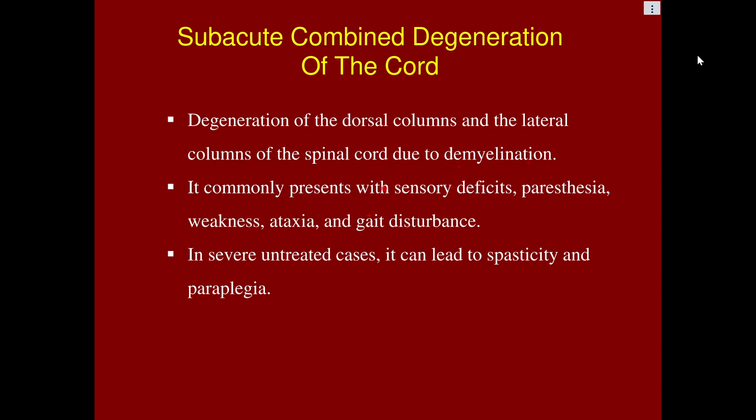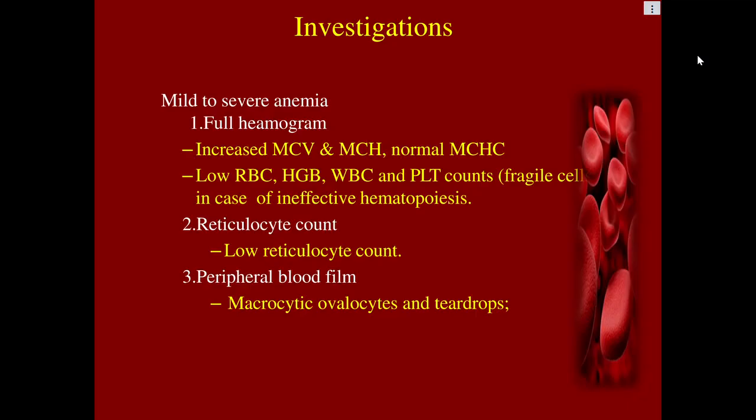Looking at the signs and symptoms of vitamin B12 deficiency, when a patient presents with subacute combined degeneration of the cord, the patient will present with sensory deficit, paresthesia, weakness, ataxia, gait disturbance. Okay. Of course, in severe cases, it can lead to spasticity and also paraplegia, mainly because of degeneration of the dorsal column.